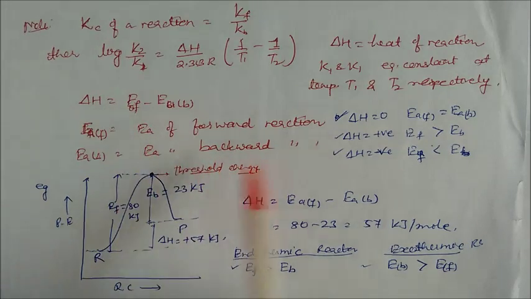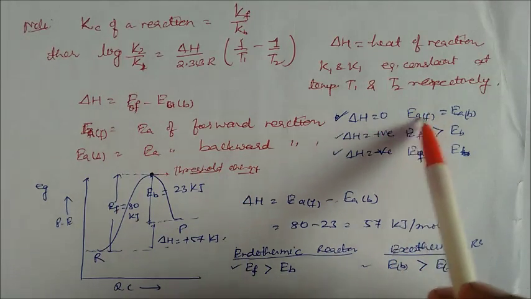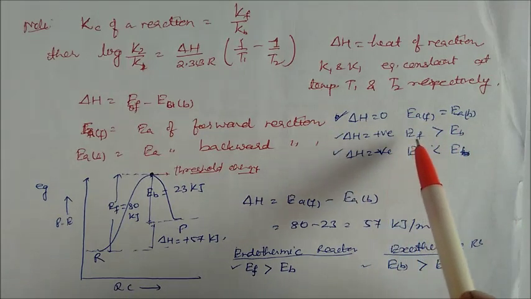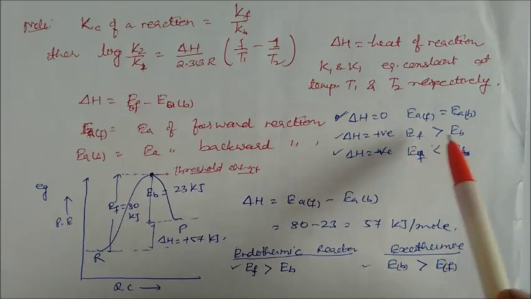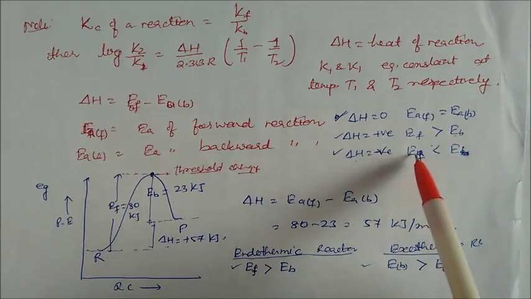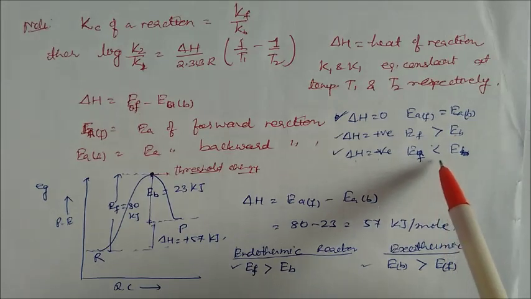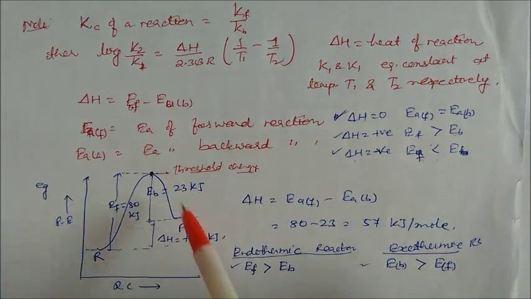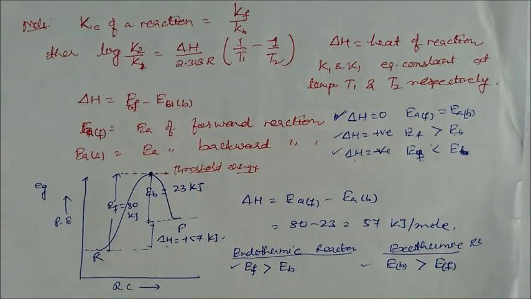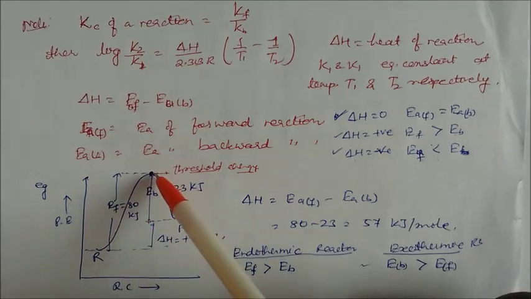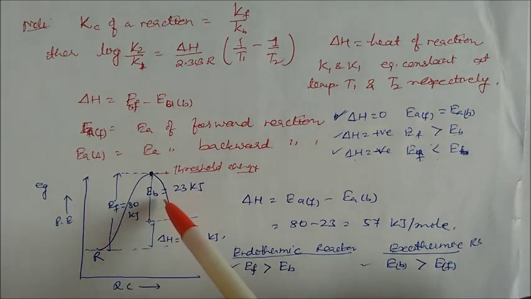So if delta H is 0, then what happens? Both values will be equal. If delta H is positive, then the activation energy of the forward reaction will be greater than that of the backward reaction. If delta H is negative, then the activation energy of the forward reaction will be lesser than the backward. As you can see from this graph, with the reactants, products, and the threshold energy or activated complex, the forward activation is 80 kilojoule and the backward reaction activation is 23 kilojoule.